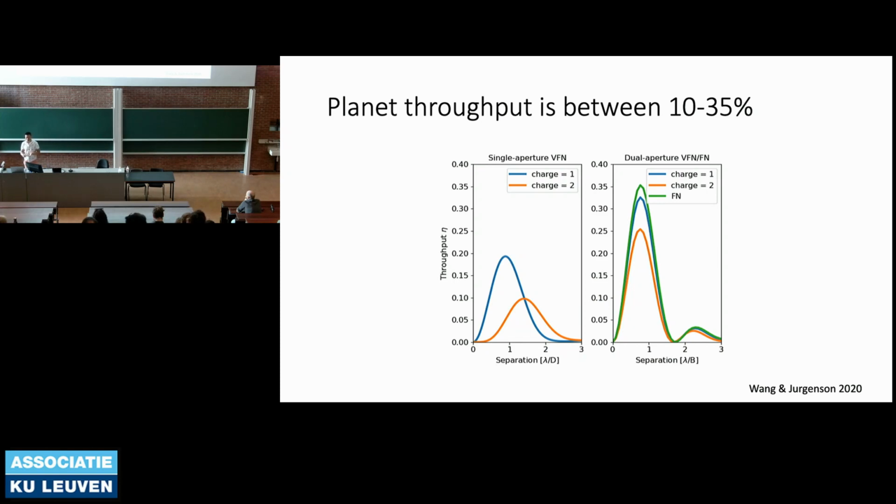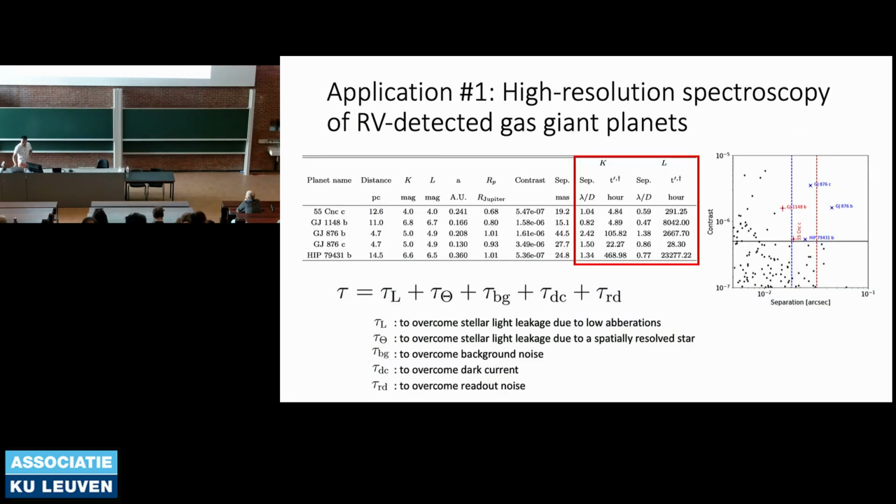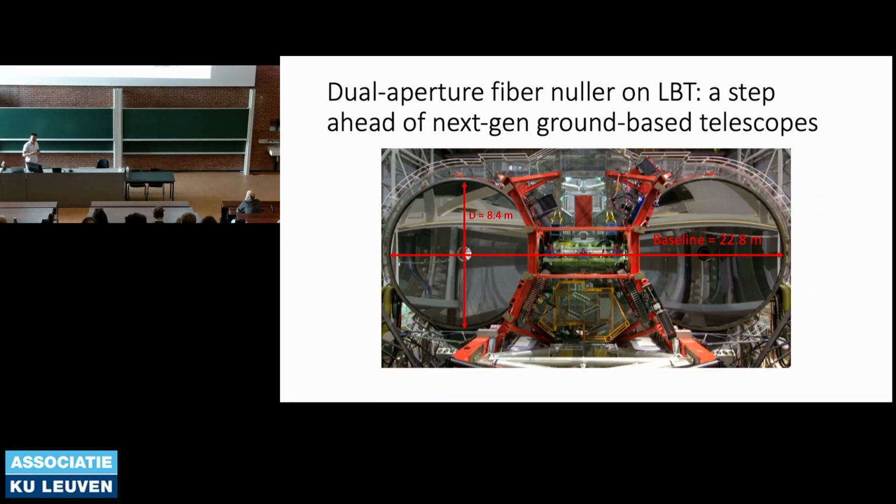So the reason why we're thinking about it is because we have these two apertures separated by a 23 meter baseline. This is the best that we can do before any ELTs come online, right? We have the European ELT that will come online at the end of 2030, but for the ELTs in the northern hemisphere, which is TMT, who knows when that will be built, right?